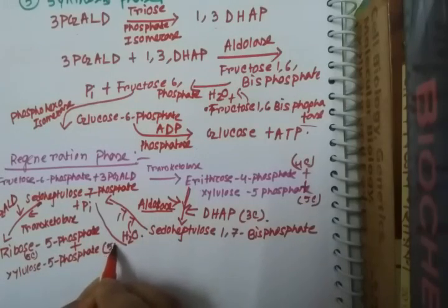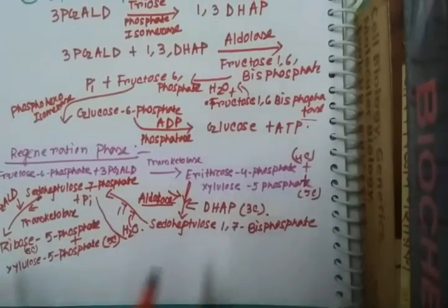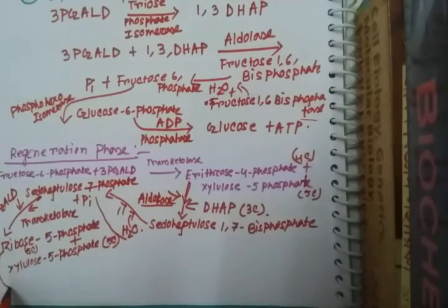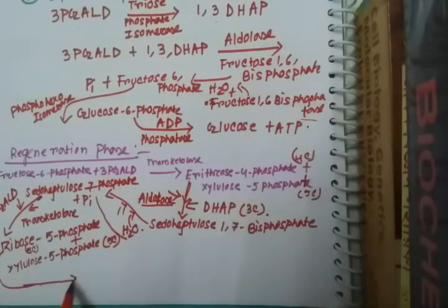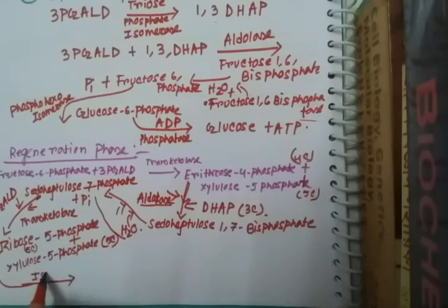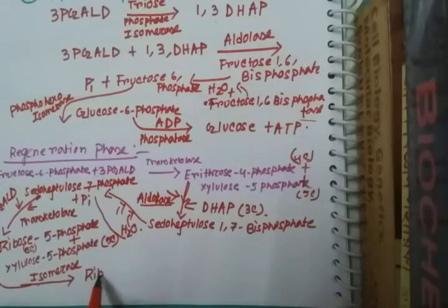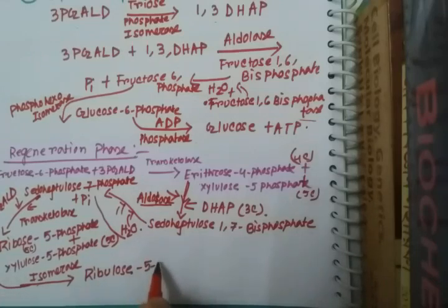Two compounds, always 5-carbon compounds. And the ribose 5-phosphate in the next step with the help of isomerase enzyme will form ribulose 5-phosphate.